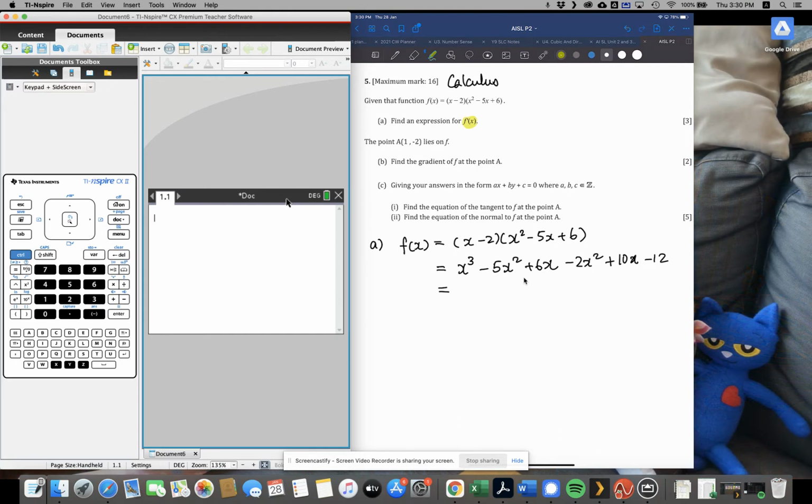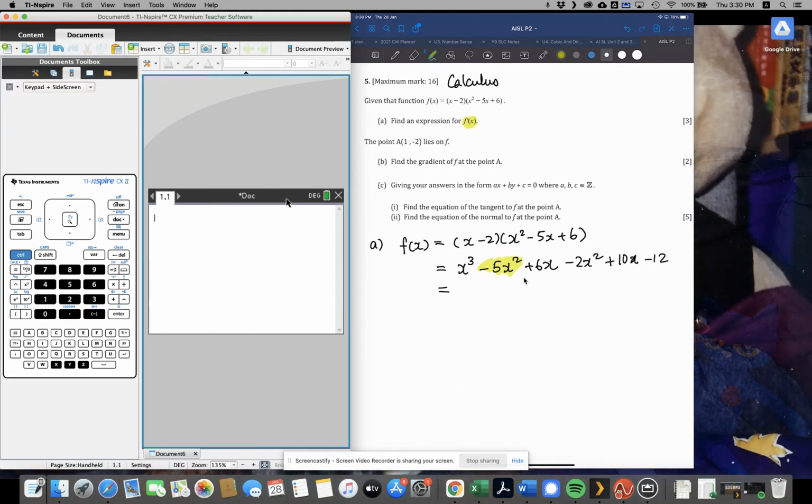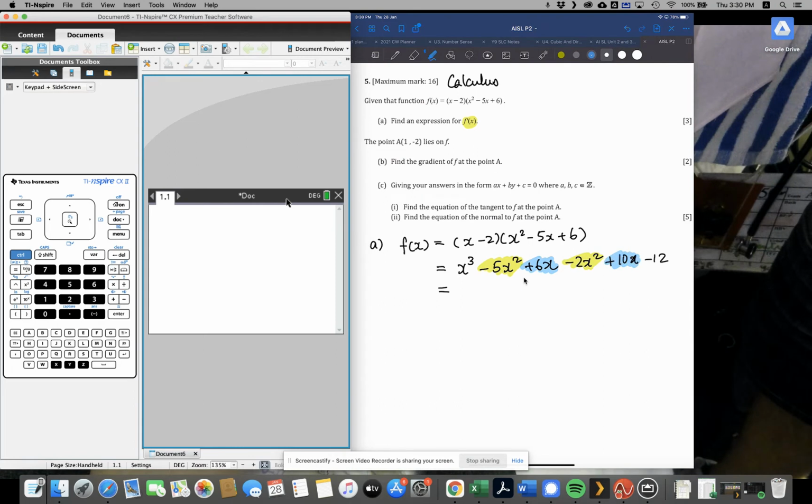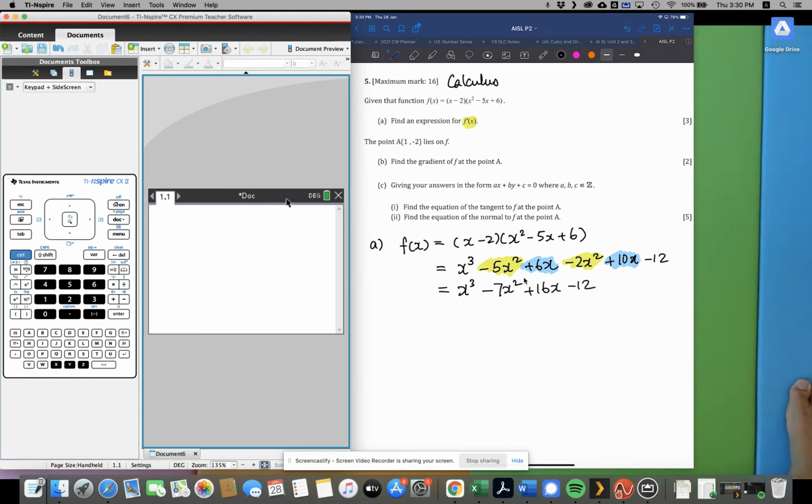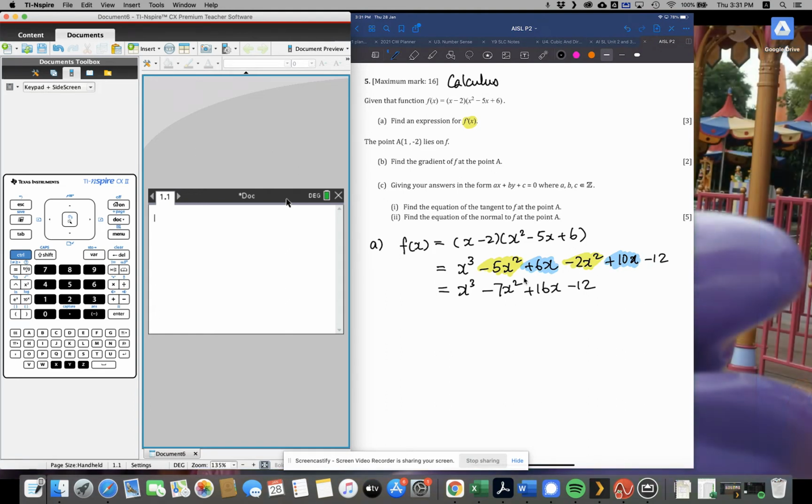Now group the like terms together. You have the x squared terms. You also have the x terms. X cubed minus 7x squared plus 16x minus 12. So when you go up to here, you got 1 point for expand and simplify.